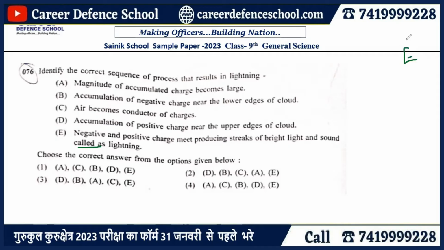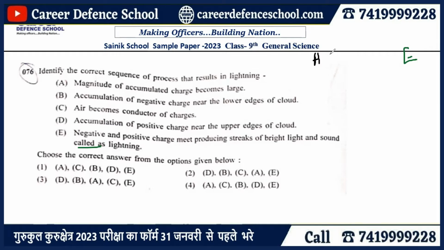This is the way to solve the paper efficiently. Okay, next our option could be A, the magnitude of accumulated charges becomes large. That is because lightning, or electricity, happens because of the accumulation of charges. So that is A. Next will be air becomes conductor of charges.